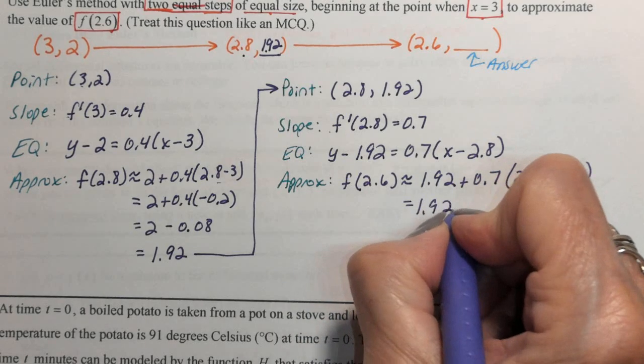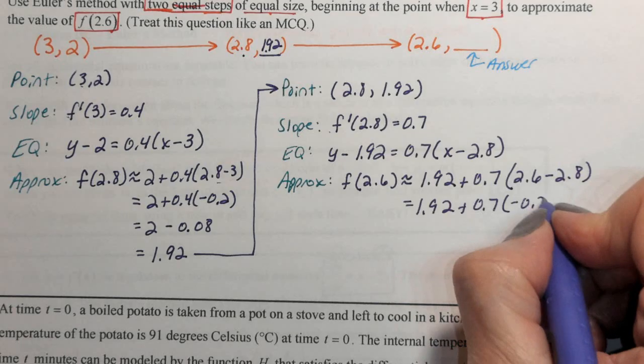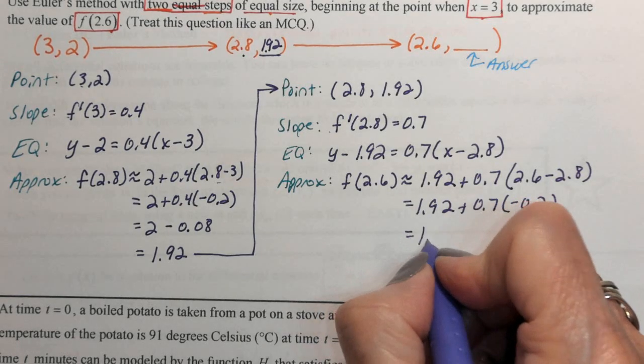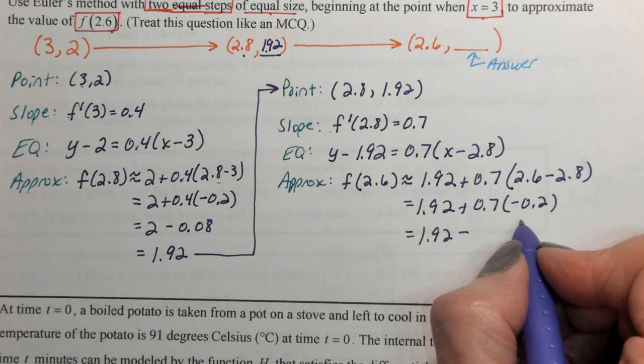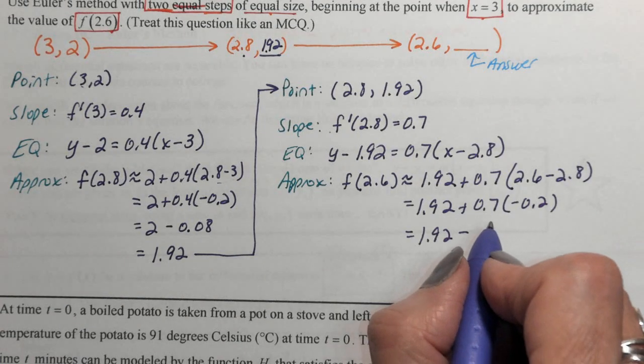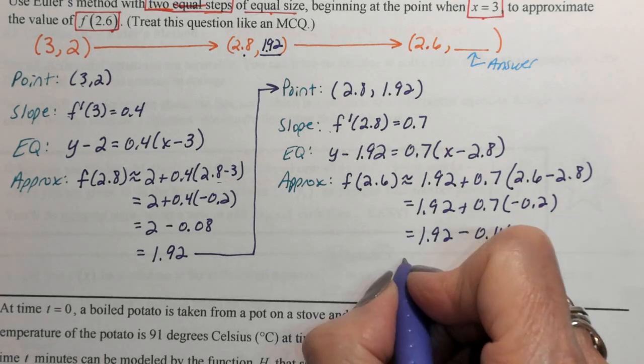That is 1.92 plus 0.7 times negative 0.2. 0.7 times 0.2, well 7 times 2 is 14, and we need 2 decimal places, so 0.14.